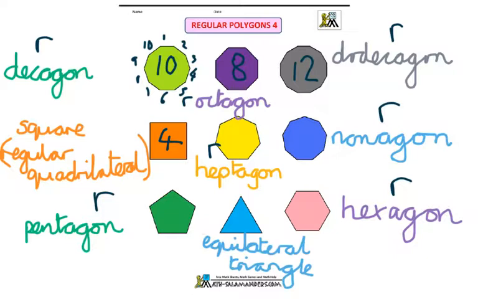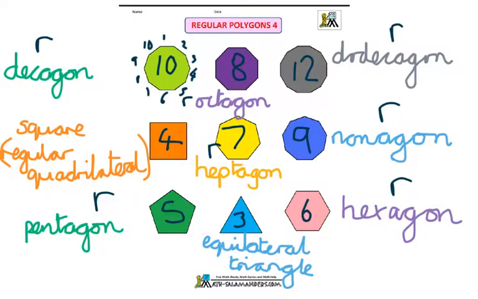Okay, heptagon is a 7-sided shape. Nonagon is a 9-sided shape. Pentagon, I hope you knew, that was a 5-sided shape. An equilateral triangle is a 3-sided shape where all the sides are the same length. And a hexagon is our 6-sided shape. It's really important that you try and know as many of those as possible.